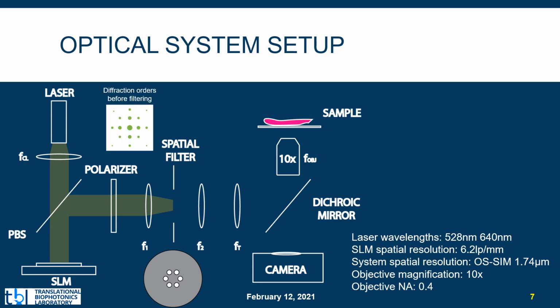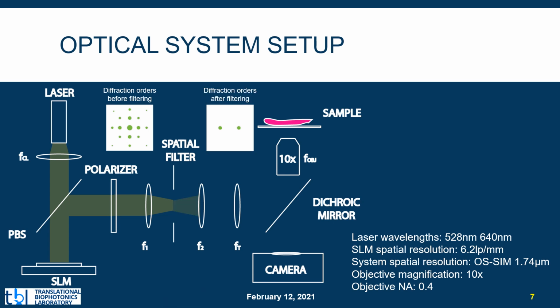Before the filter, we have all orders, and after the filter, only first orders. It's important to notice a huge reduction in light intensity due to filtration of the 0 order. Light is transmitted to a dichroic mirror that reflects illumination light toward the sample and transfers the fluorescent signal from the sample to the camera.